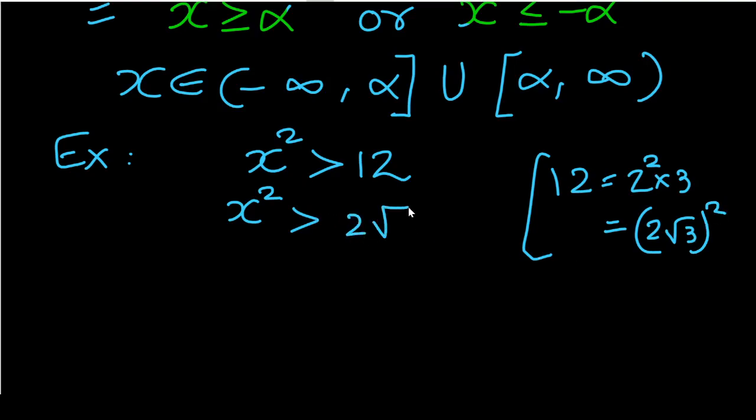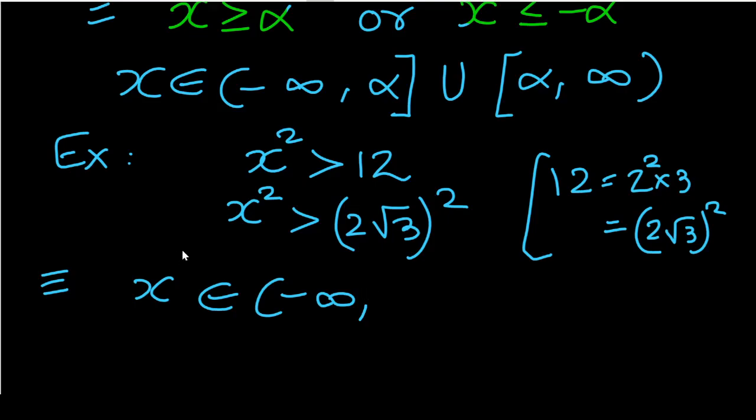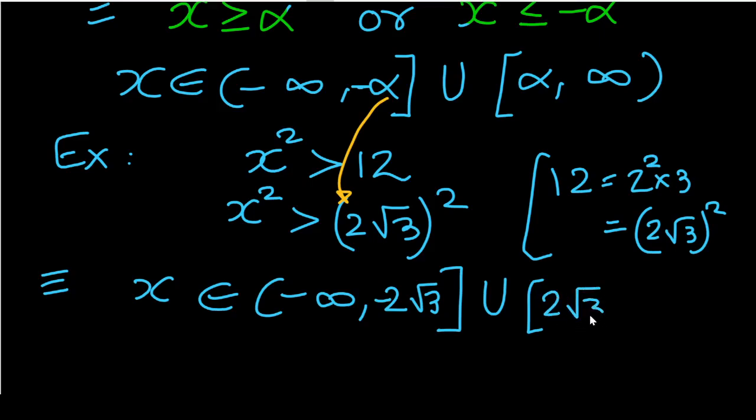Directly we can write the answer as x belongs to minus infinity to minus 2 root 3, sorry, here also it should be minus alpha. Here alpha is 2 root 3, guys. Union 2 root 3 to infinity. So that's the answer, guys.